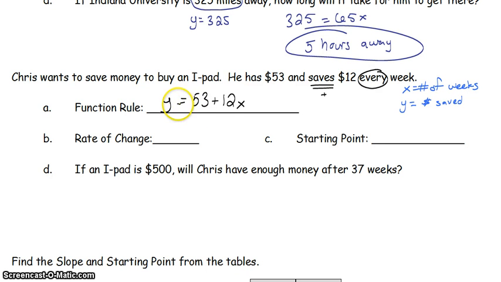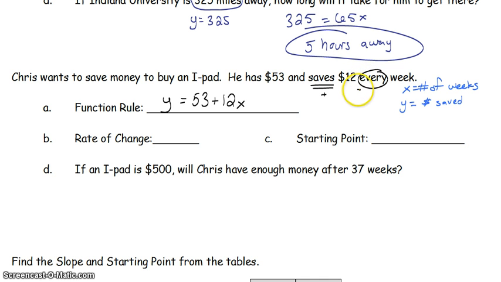So our function rule here should be y equals 53 plus 12x. If you did 53 plus 12x equals y, that's the same thing, that's also correct. Or 12x plus 53 equals y, that's also correct. This is 12x because 12 comes before the word every, which is each, every, per.